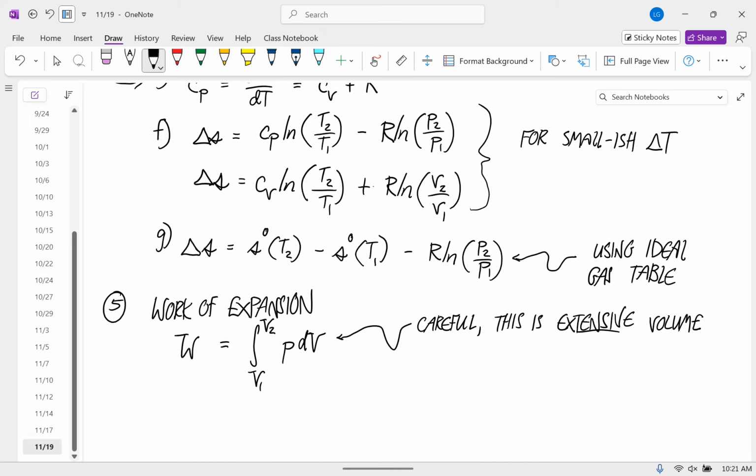That'd just be multiplying by mass, so it would be from mass times specific volume 1 to mass times specific volume 2, integral of P m d little v.